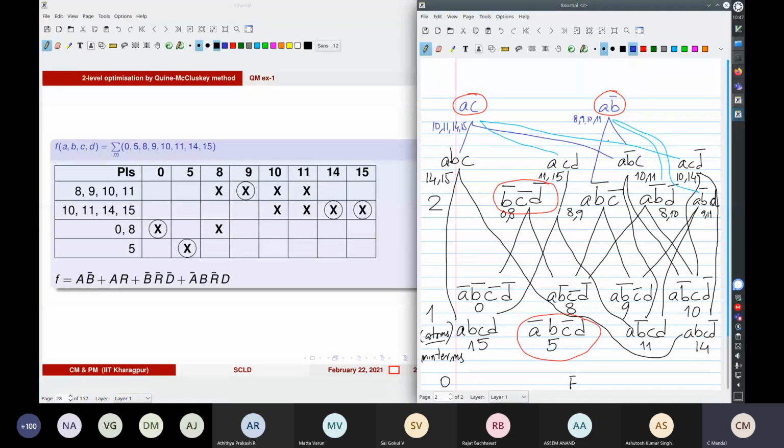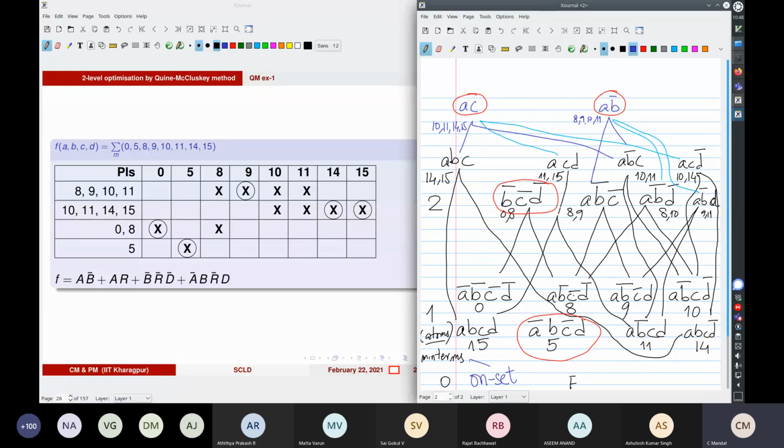What you can see is that I should use the cubes which have grown maximally. Ultimately, these are the cubes in my onset, and I have to cover all the cubes in my onset.